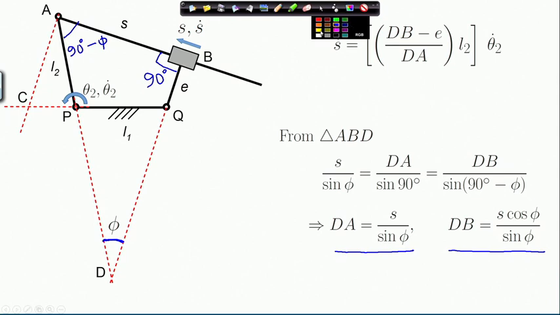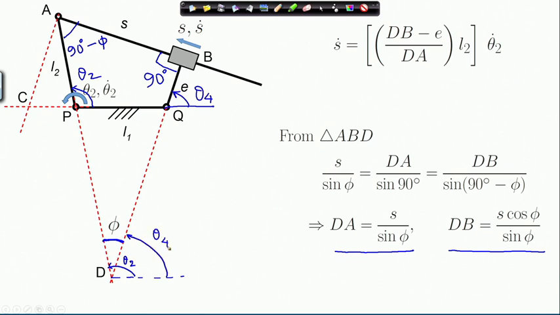Now, what is phi? You can see that this angle is theta 2 and this angle is theta 4.